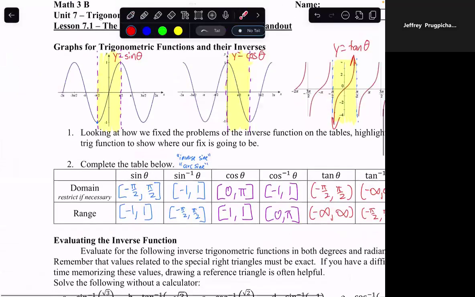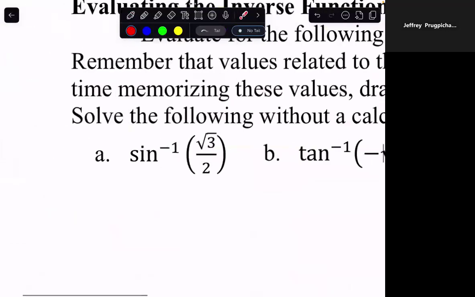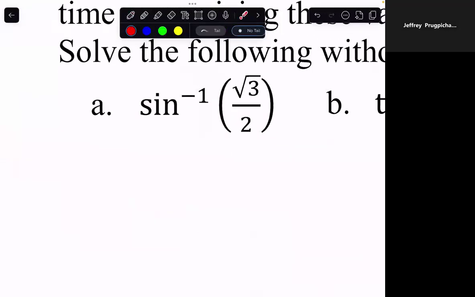Okay, so let's jump down here. Here we are asked inverse sine of radical 3/2. Let's write in words what this is asking. Remember, this is sort of undoing the regular thing.